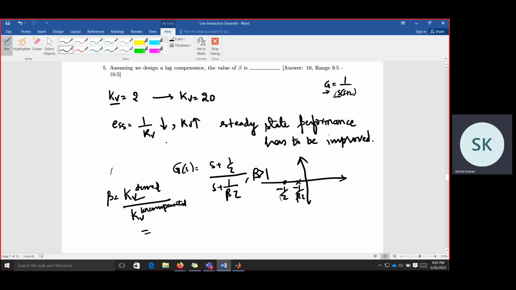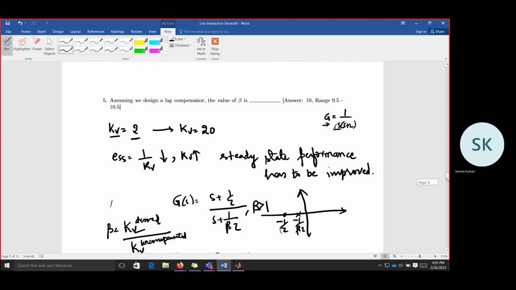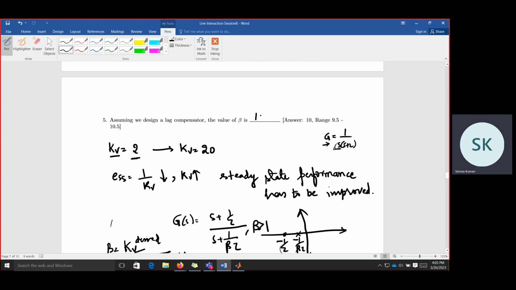So for kV desired, we have 20, and the actual kV for this system is 2. So that means beta should be 10. Now by choosing one location, either the 0 or the pole, we can find the other one. So at least we know this one. So this will be 10.